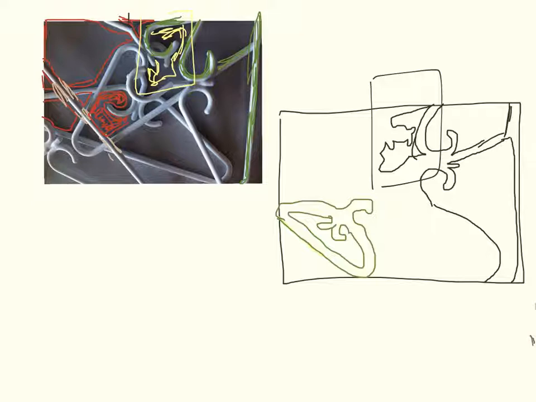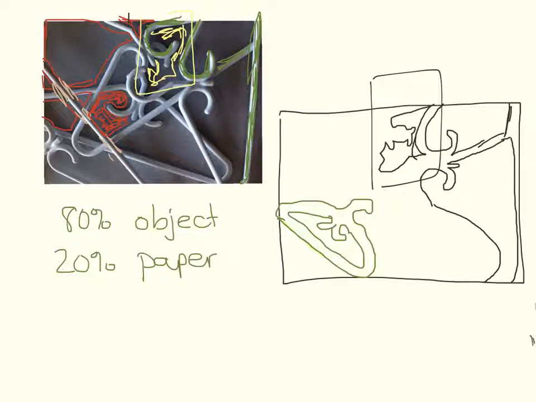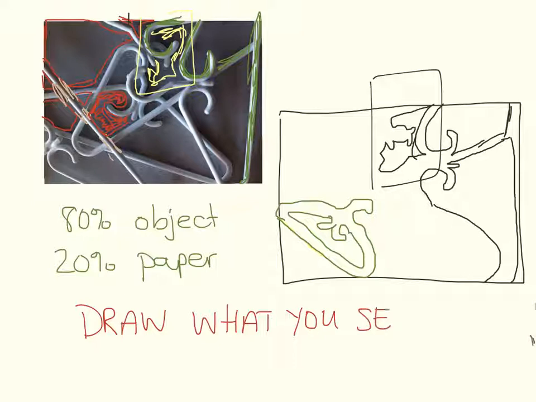So, again, we're still doing 80% looking at the object, 20% looking at our paper. We're focused on what is there, not what we think should be there. Lesson: draw what you see, not what you think.